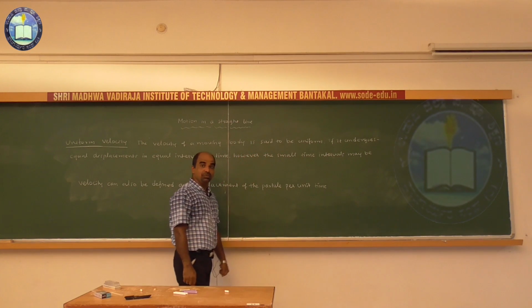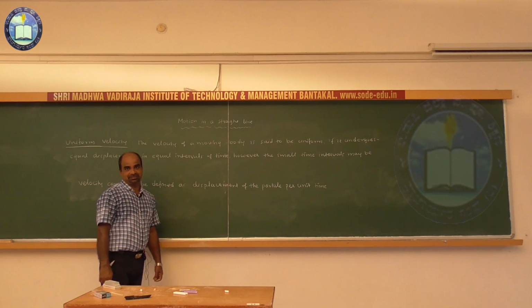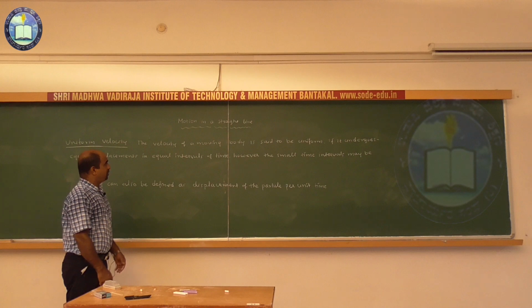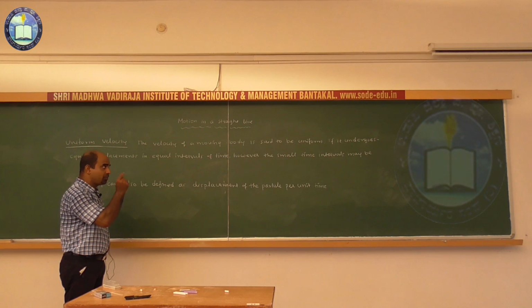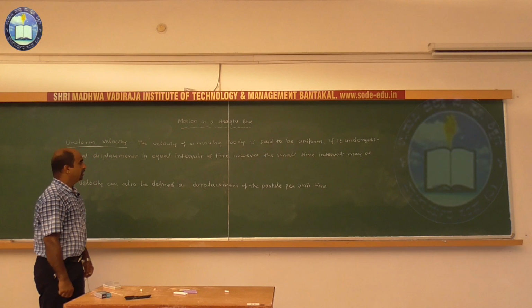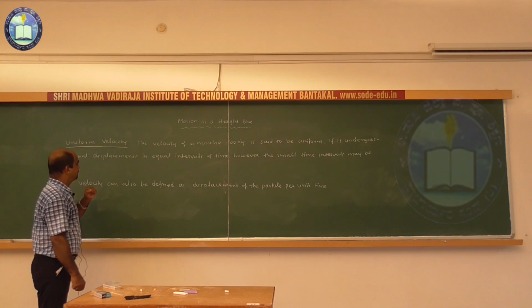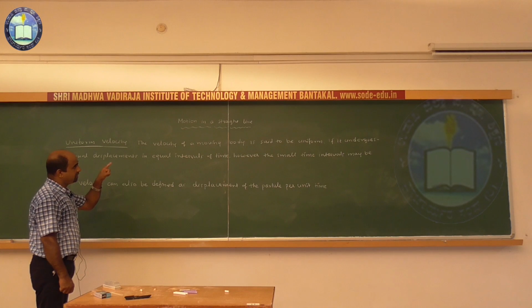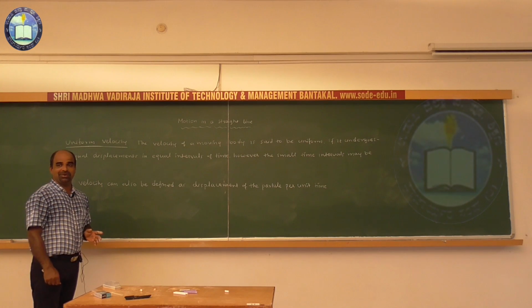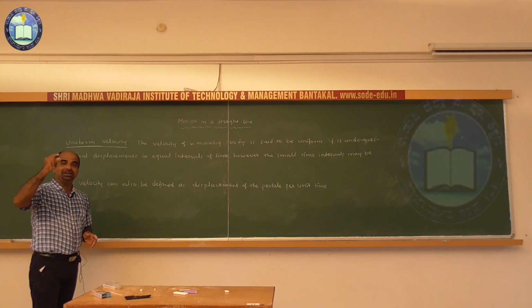This is the definition of uniform velocity, students. Got it? So, what is uniform velocity? The velocity of a moving body is said to be uniform if it covers equal displacements in equal intervals of time, however small the time intervals may be.